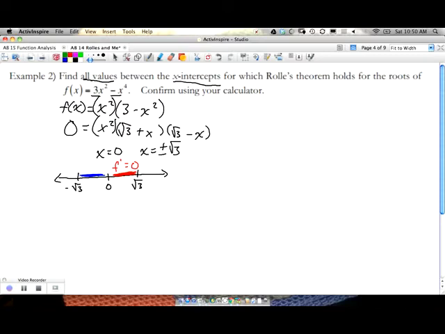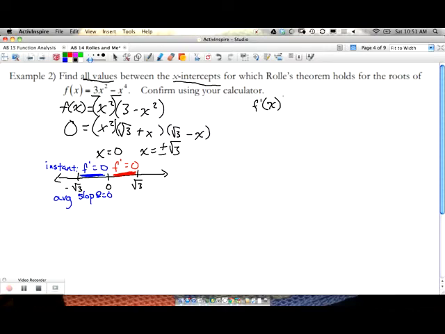Why? Because there's an average change. In other words, the change between 3 and 0, what's the slope? Slope equals 0, the average. So the average slope equals 0. That means that the derivative, the instant slope, is also going to equal 0. That's an interesting idea here. Let's go ahead and work this out.